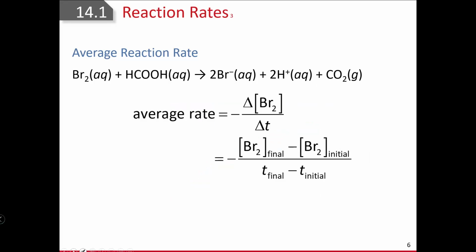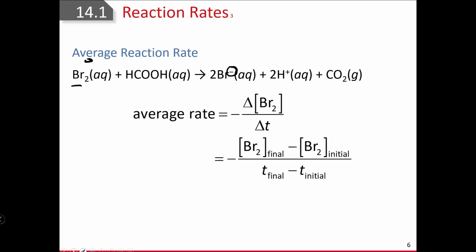All right, so now we have a real chemical reaction, not just A and B, but here we have bromine reacting with formic acid. The bromine goes from a 0 oxidation state to a -1 oxidation state.